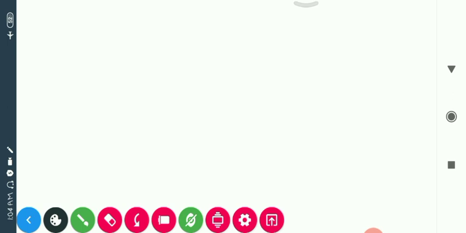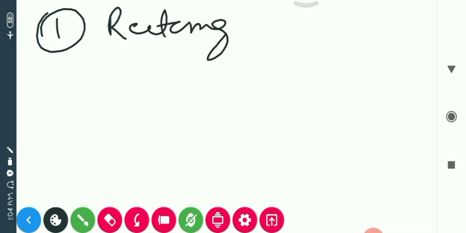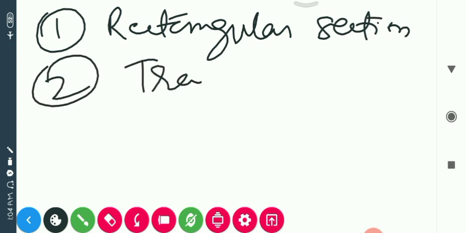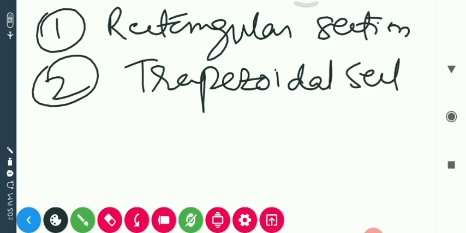In this session, for the most economical section, we learned the rectangular section and the trapezoidal section.